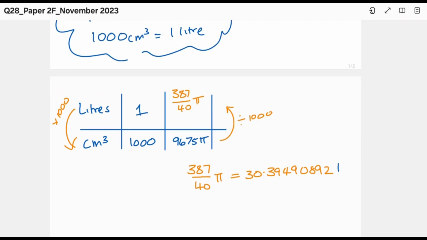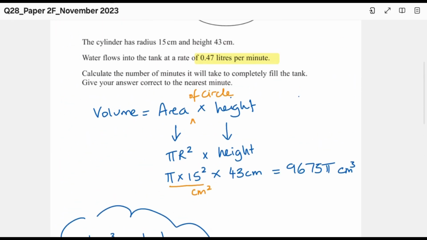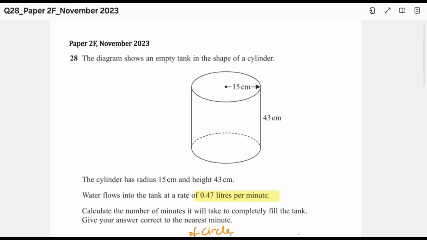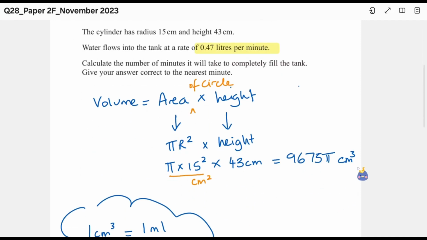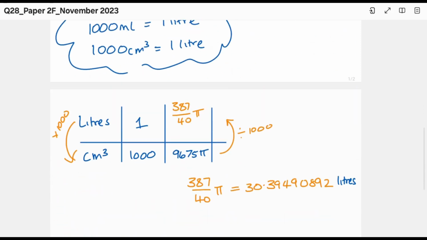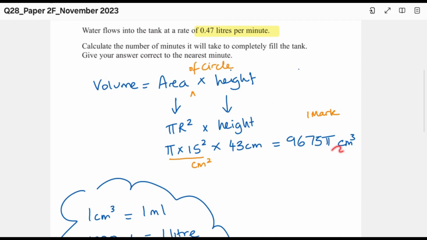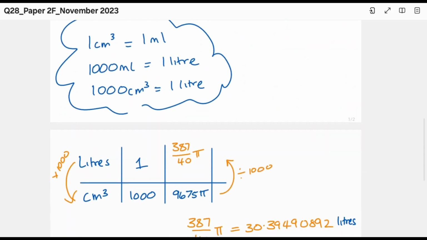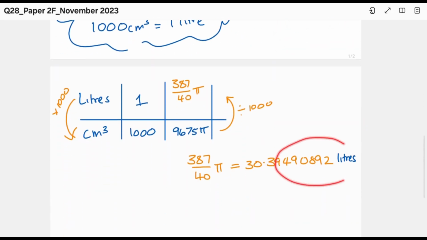So this is liters at the moment. The first thing we did was find the volume of our cylinder, and that gave us our first mark. So if you've just stopped here, you would get 1 mark on this question. Now we converted the volume we got here to liters. This gets you your 2nd mark. So from conversion to liters, 2 marks.